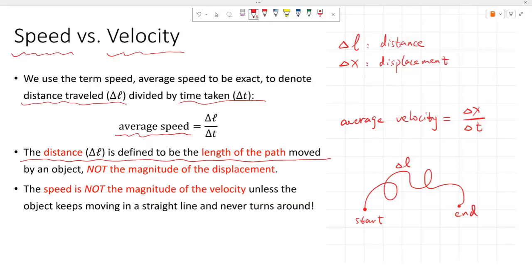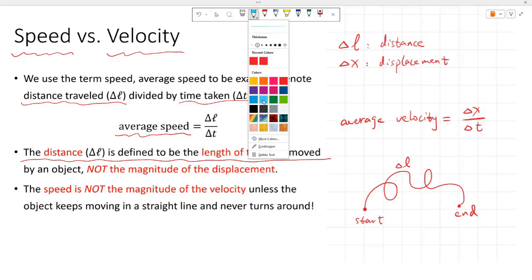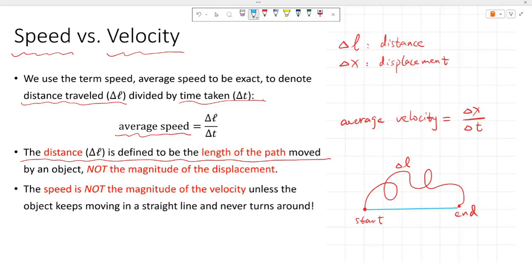Then what about the corresponding displacement for this process? I'm going to use a different color to draw a vector that starts from the starting point and ends at the end point. This bluish vector or arrow represents the displacement here.